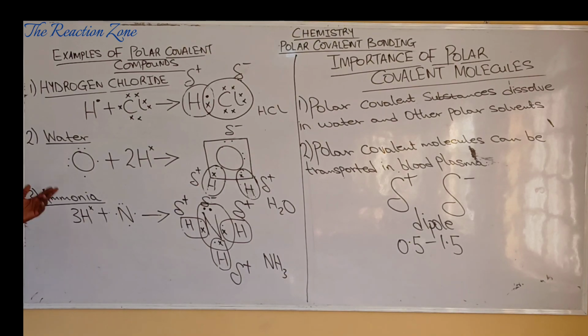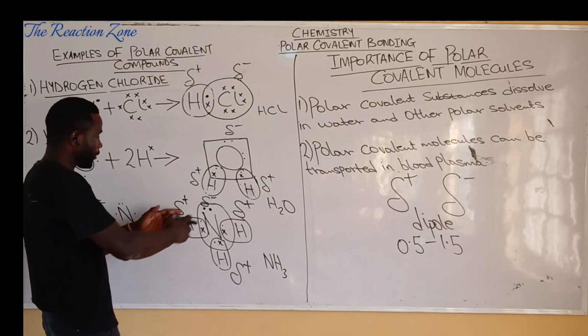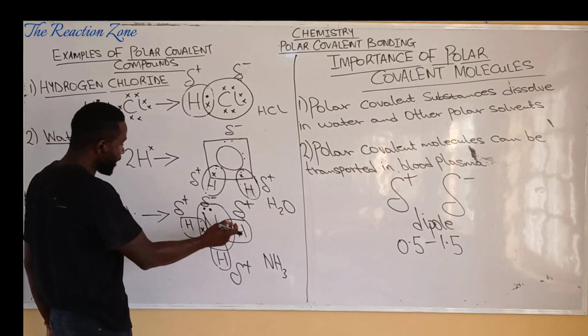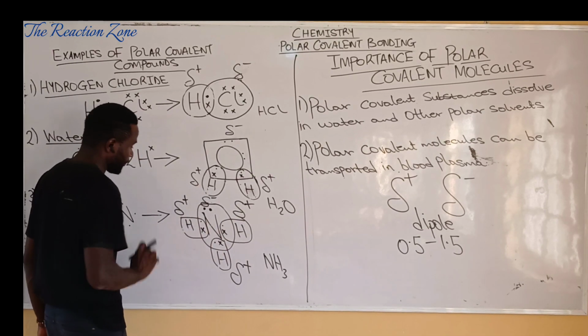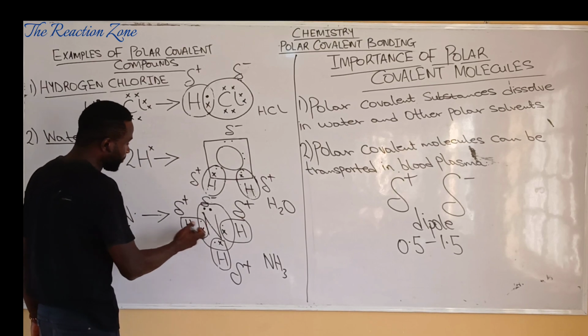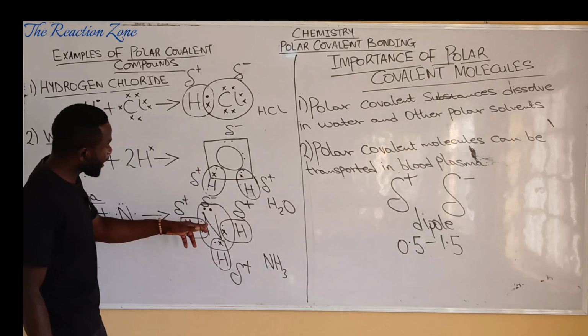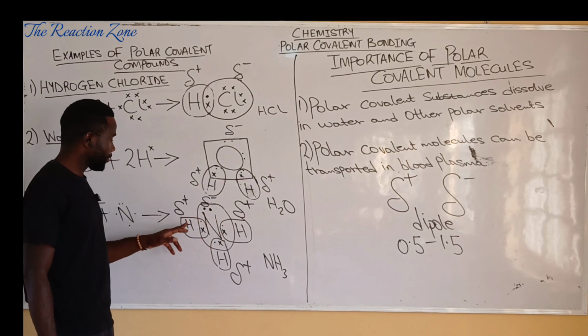So, 3 hydrogen atoms will combine with 1 nitrogen atom to give us this structure of ammonia. In ammonia, there are 3 NH bonds. This is one, this is another one, this is another one. Each of these NH bonds in ammonia is polar covalent. Nitrogen has a greater electronegativity than hydrogen.